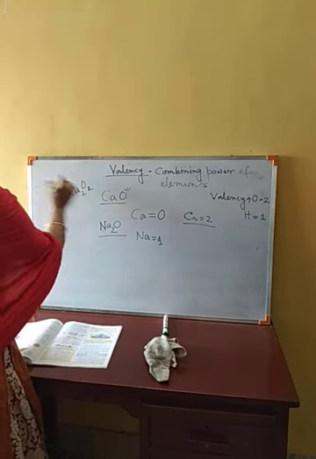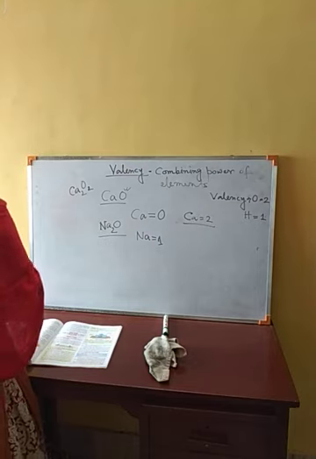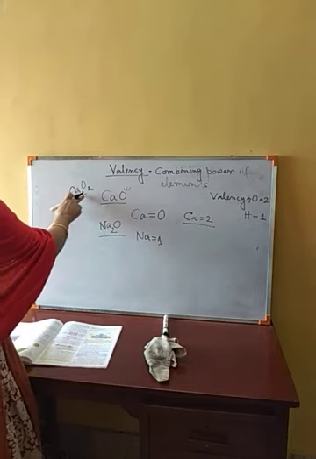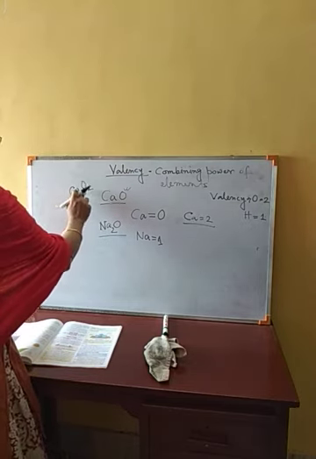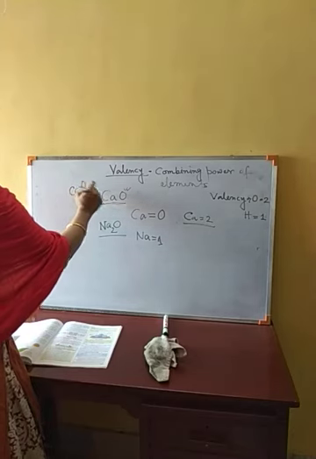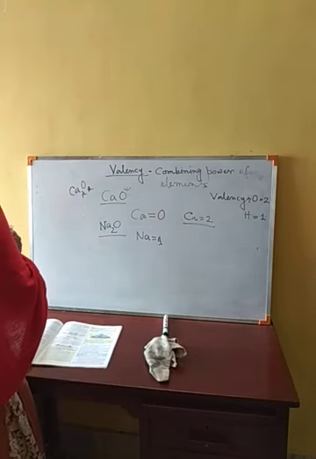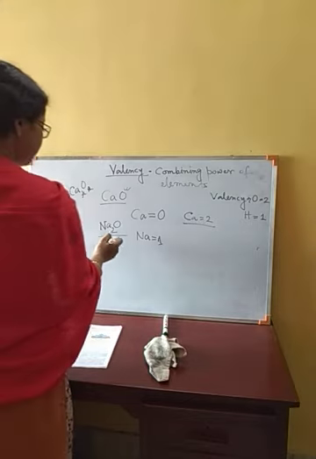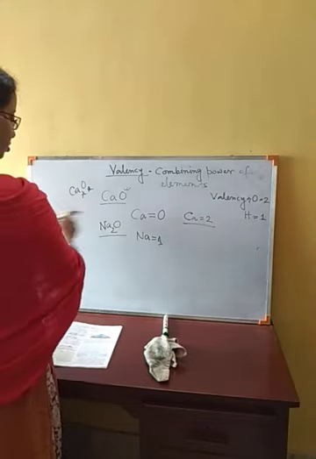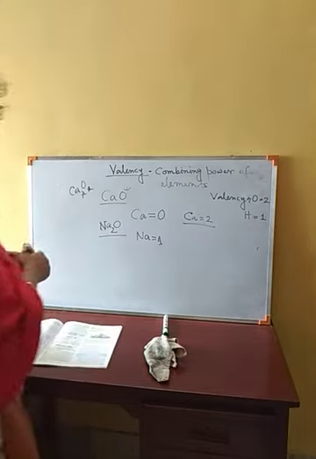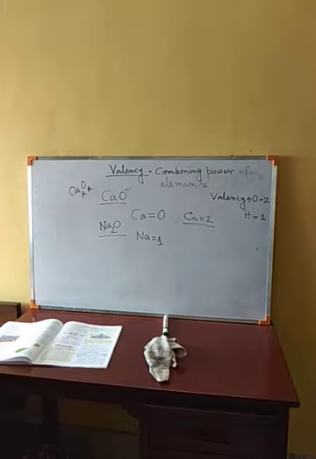So Ca2O2 should be the formula, but as both are 2, we don't write this. We just write CaO. In the same manner, if 1 is there, that one also we don't show in the formula.